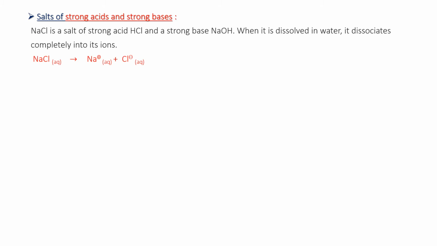The first one is the salt of a strong acid and strong base. For this we take the example of NaCl. NaCl is made up of a strong acid, HCl, and a strong base, NaOH. When we dissolve this salt in water, it dissociates into two ions, Na plus and Cl minus.